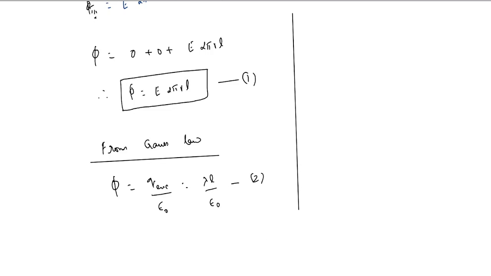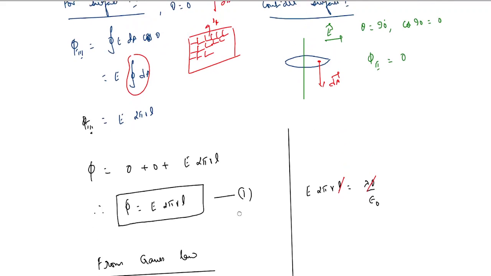So let's compare 1 and 2. When we compare them, we get E into 2 pi r L is equal to lambda L by epsilon naught. From here, L gets cancelled. It is common sense that L should not be in the equation, because the length is what we took, so it can't depend on the cylinder length.